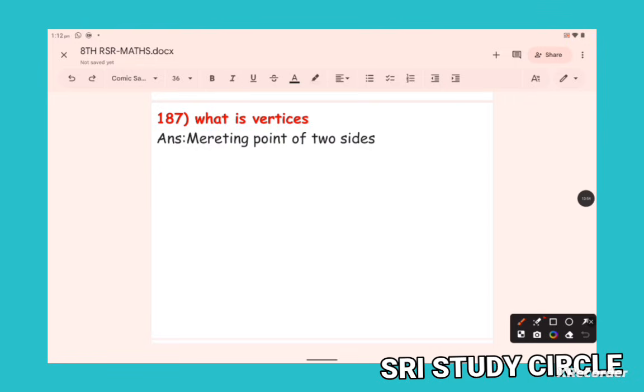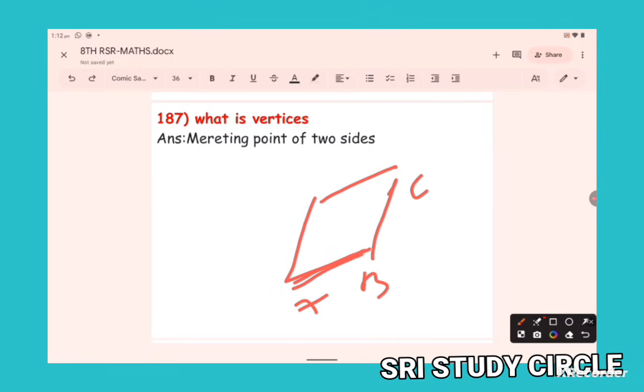What are vertices? The meeting point of two sides is known as a vertex. Suppose ABCD: sides AB and CB meet at B. This meeting point is known as a vertex, and these together are vertices.